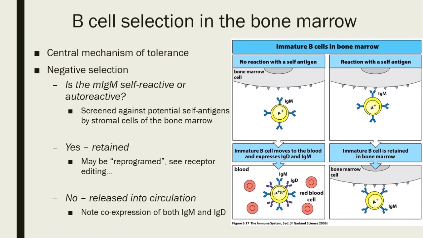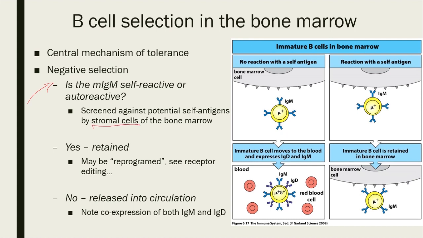So in terms of the central mechanism for tolerance for B cells, we are first looking at negative selection. Here is the graphical representation. We have membrane-bound IgM on the B cells. Now you're asking of the B cell, are they self-reactive? This is screening against stromal cells.